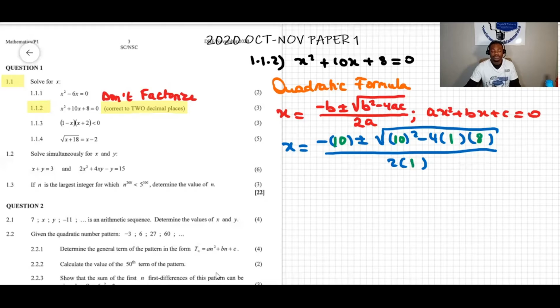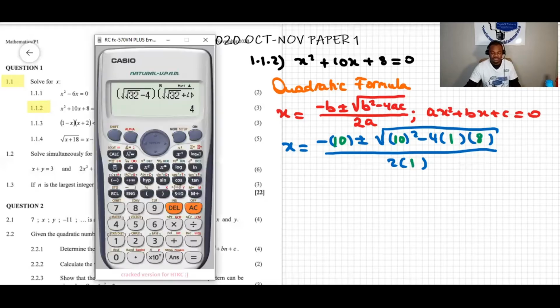Now, we're going to substitute this in the calculator. I'm going to write here minus b, which is 10 here. I cannot do the plus or minus together. I just first do the plus and then I'm going to do the minus after.